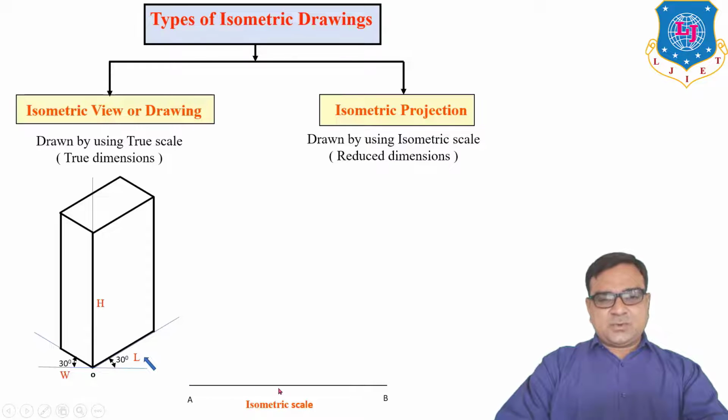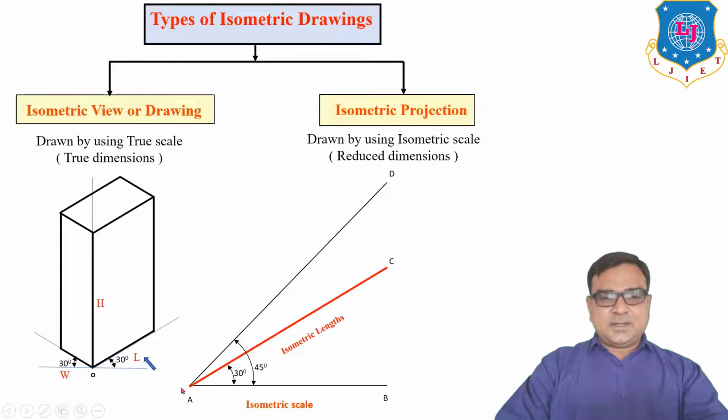First of all, draw one horizontal line AB. From A, draw a line AC which is inclined 30 degrees to AB. That line is known as isometric length. Now from A again you have to draw a 45-degree inclined line AD, which is known as true length.